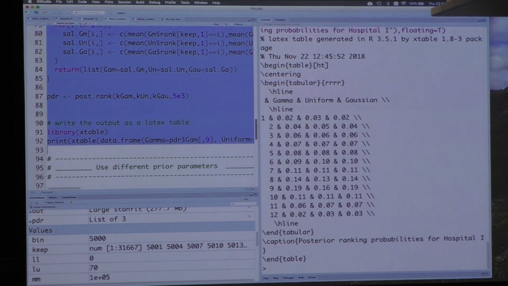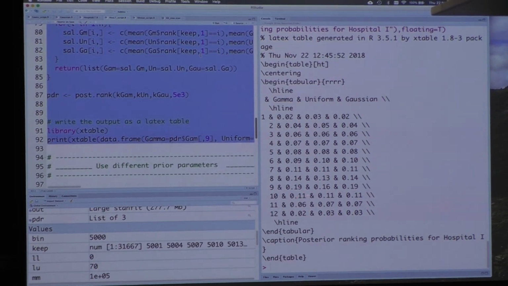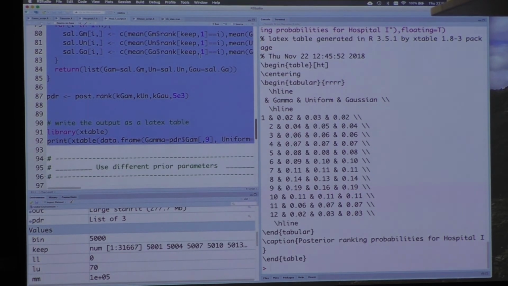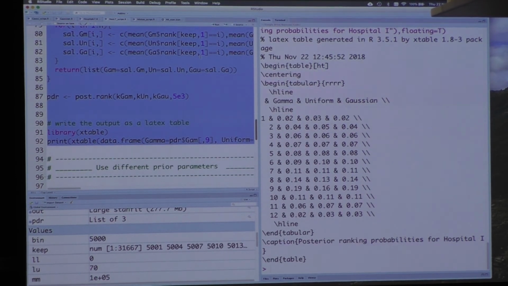So the prior has not a strong influence in the rankings. And even though the ranking of 9 seems fair, or 8, there's a large uncertainty in the rankings of the whole hospitals, right? So hopefully these will help you with your projects.